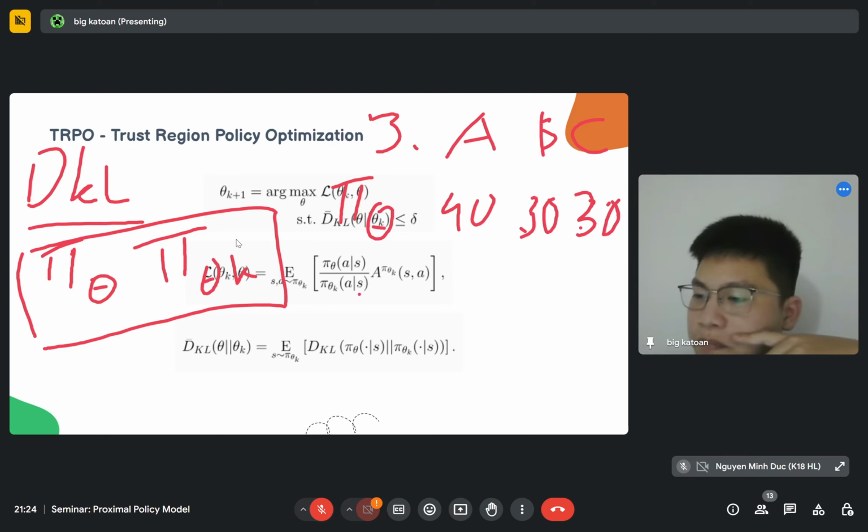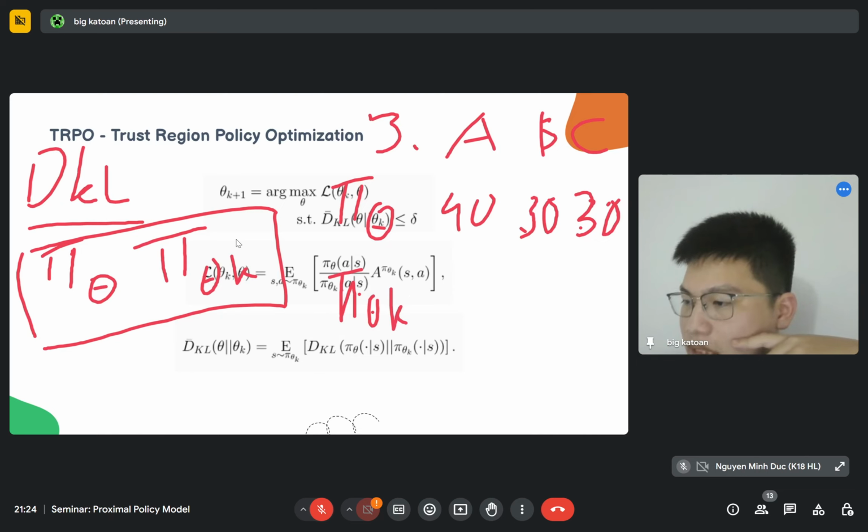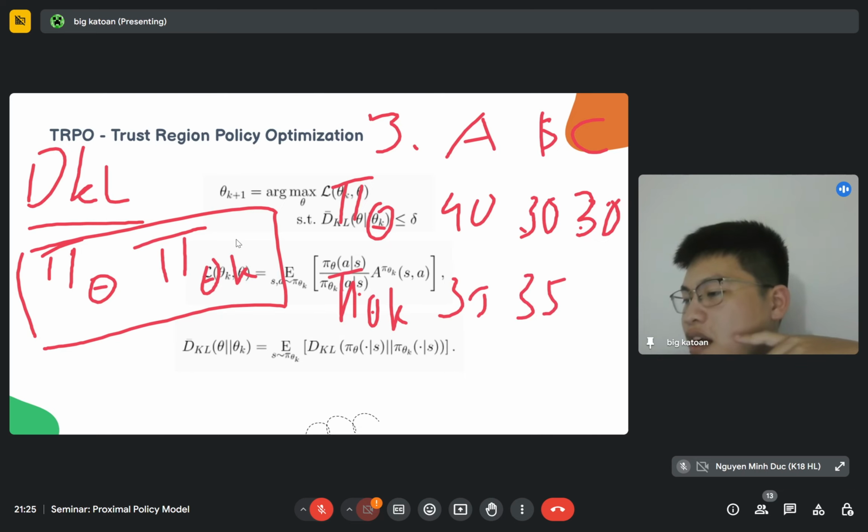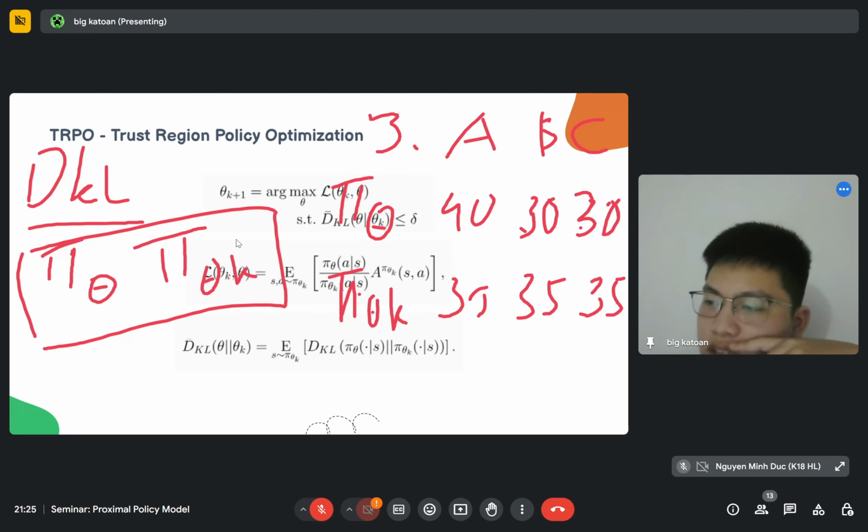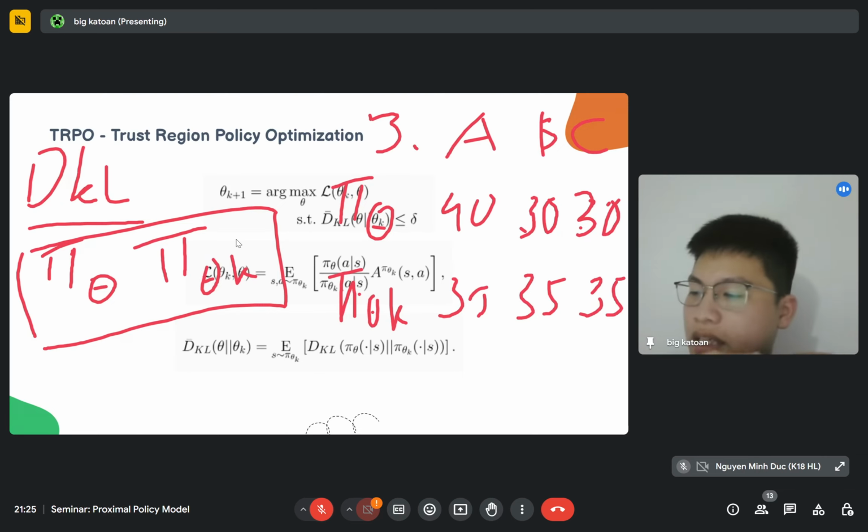And P theta k is about 30, 35, and 35, right? So here theta and theta k have a very low DKL, so it can train seamlessly without any problem.